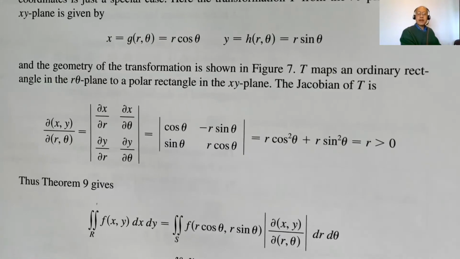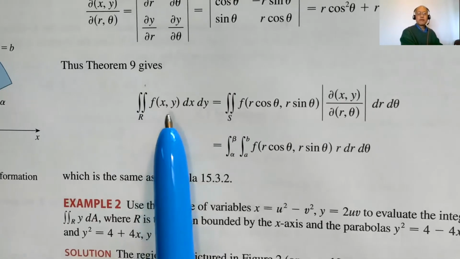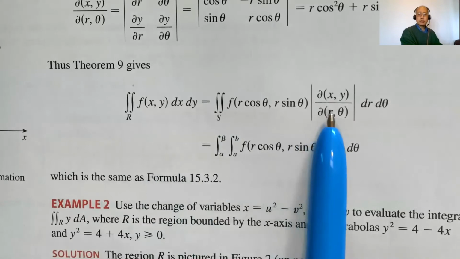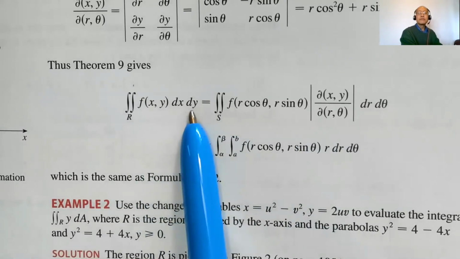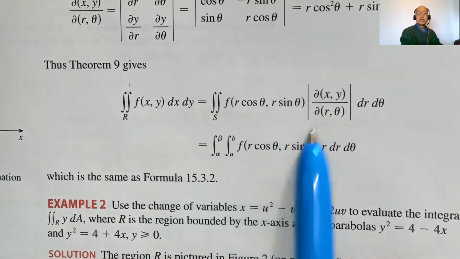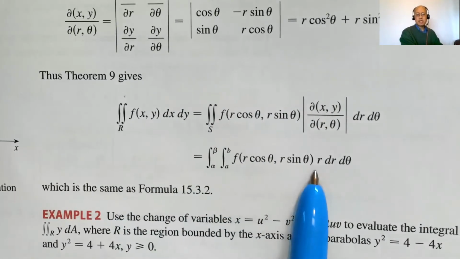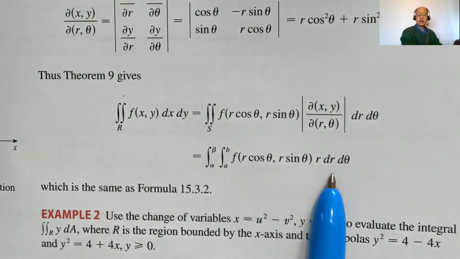The extra multiplication factor is r, which is precisely the reason why when you go from Cartesian coordinates to cylindrical coordinates, f of x, y, dx dy, or dy dx, f of r cosine theta, r sine theta, Jacobian, dr d theta, the Jacobian comes out to be r, which is why dx dy becomes r dr d theta.